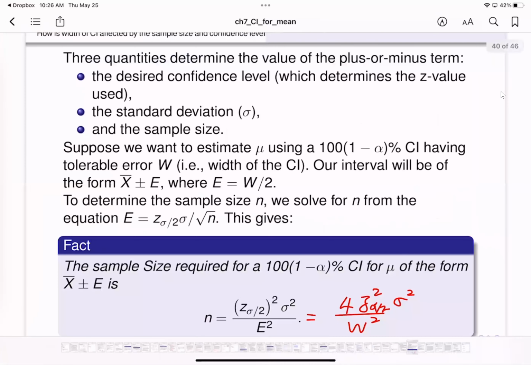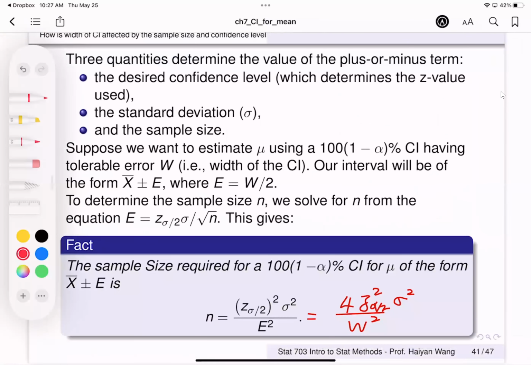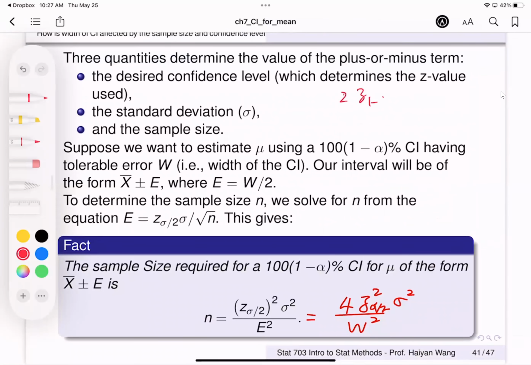So we can write the width equals twice of the z and sigma over square root of n. That's the width. From here, we'll solve for this n.